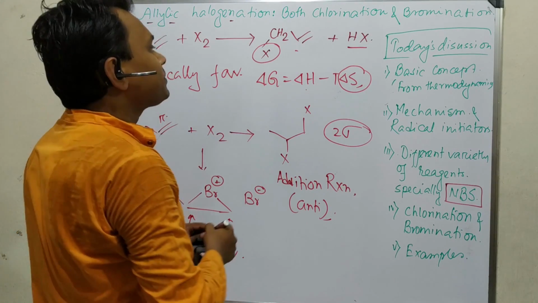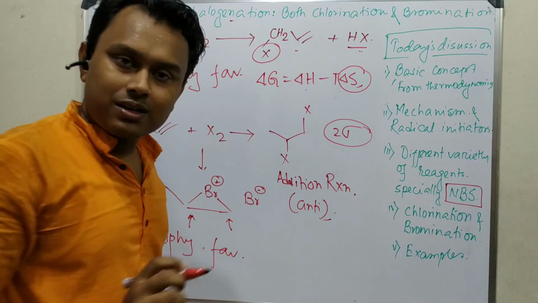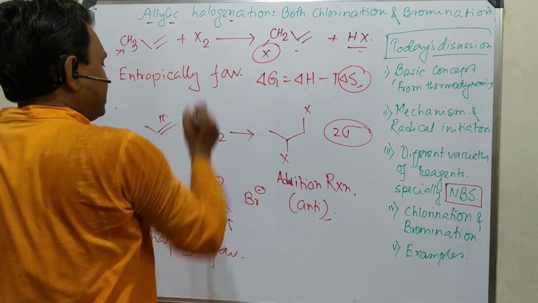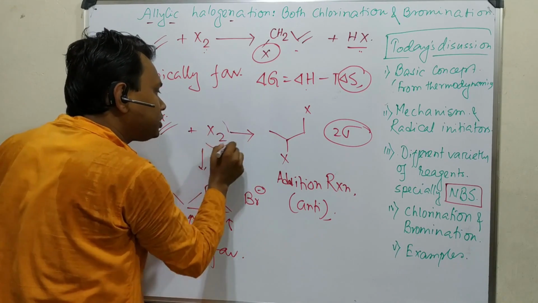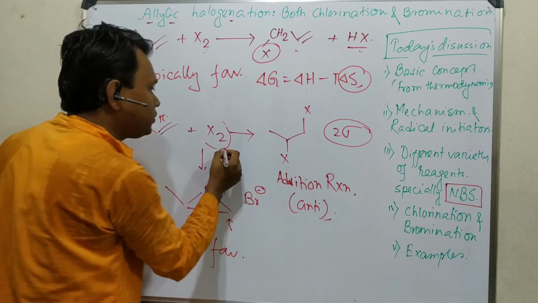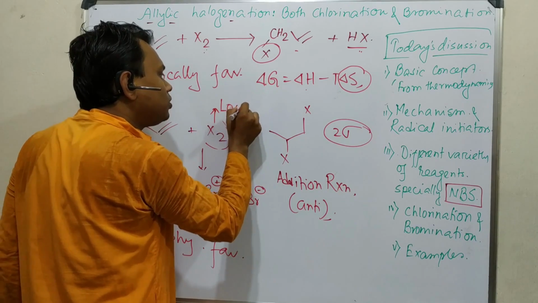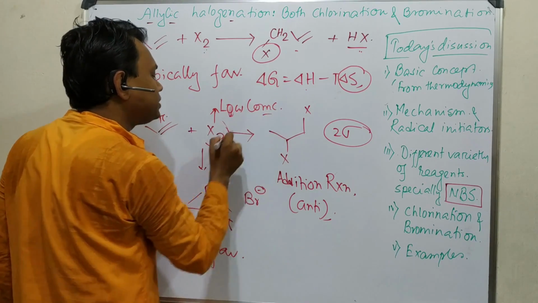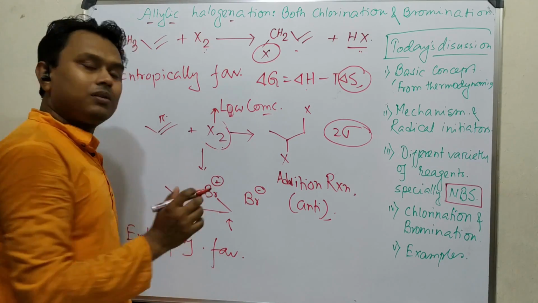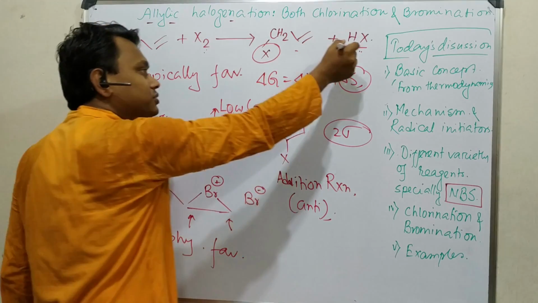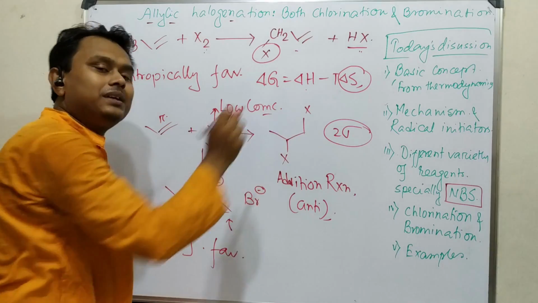Since addition is entropically unfavorable, and for addition 2 molecules of reactant produce 1, if we take a low concentration of this halogen, then this part will be unfavorable because 2 produce 1, but in substitution this will not be that much of a problem. So that is reason one, to maintain a low concentration.